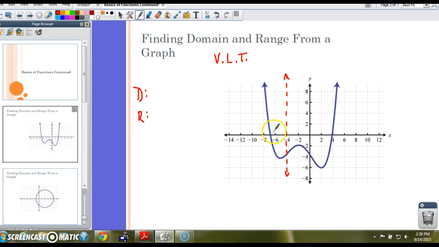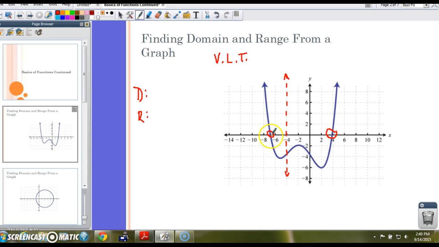Remember that our domain are all of our x values, so I'm looking for my smallest x value and my largest x value. Sometimes when people look at a graph like this, they say, oh, well, I'm crossing the x-axis right here and right here, so that must be my domain, it goes from -7 to 4. And that's incorrect. Those are your zeros.